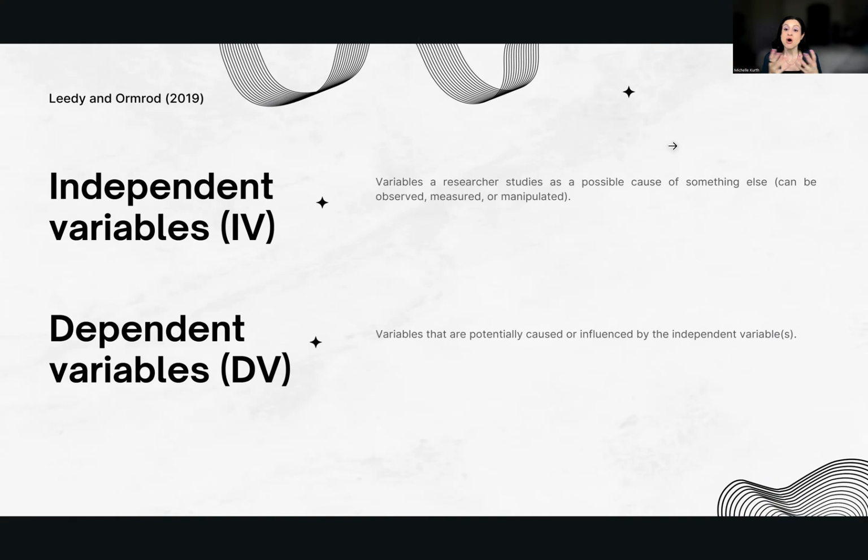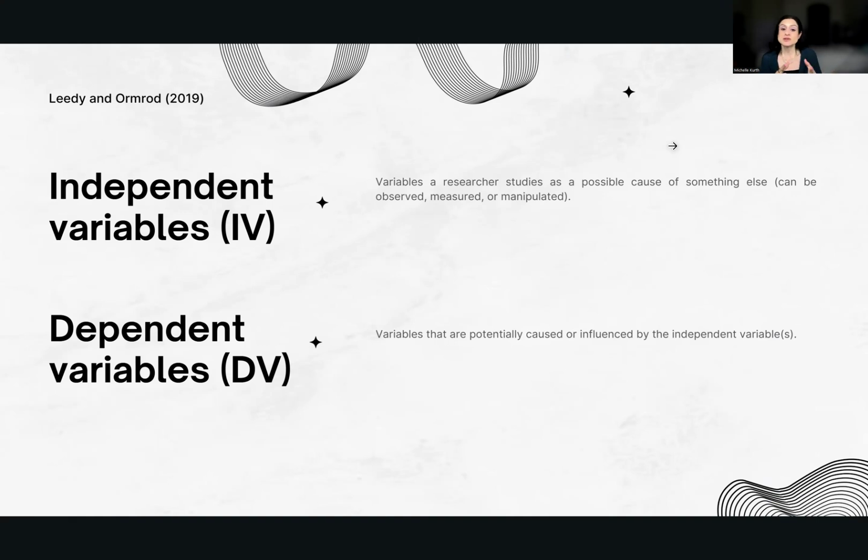Manipulated variables are for experimental designs, okay? You won't be manipulating a variable in just a simple correlational study. But in an experiment, you are, because you're controlling one of these variables.